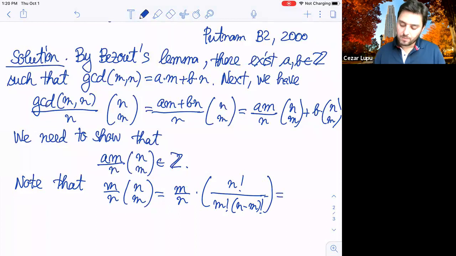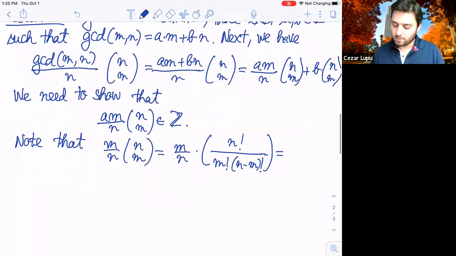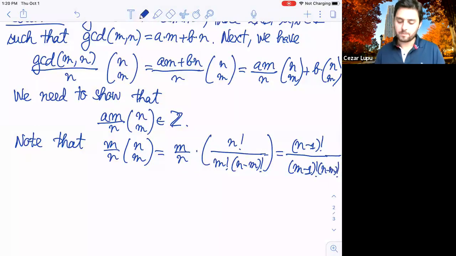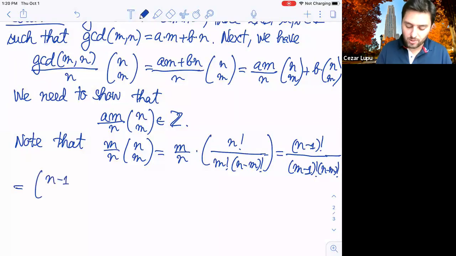And if we write this a bit further, this would be n minus 1 factorial, this n on the bottom there will vanish, over the same goes for m over m factorial times n minus m factorial, which is nothing else than n minus 1 choose m minus 1, right? That's it.